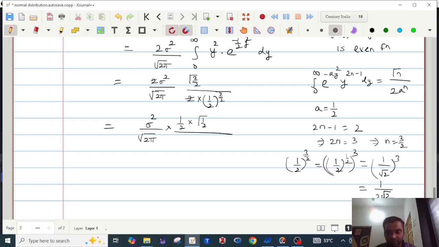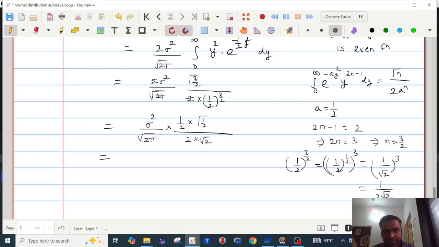okay, so this 1 upon 2 raised to 3 by 2 is nothing but 2 multiplied by root 2. Okay, so now this gamma 1 half is nothing but root pi, get cancelled. Okay, so this root 2, 2 and this 2.